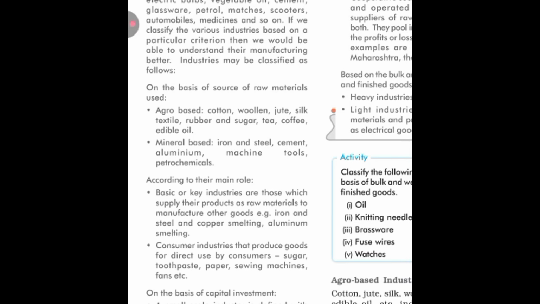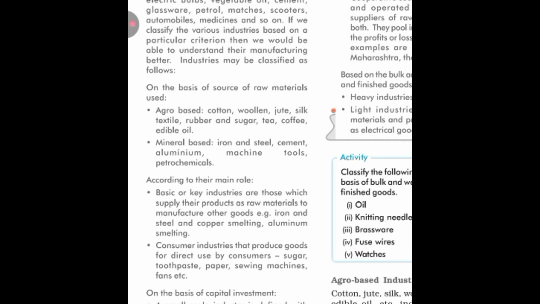So they are located very near to the source of raw materials. Jute can travel a little bit of distance, wool can travel, cotton can travel, but there are certain ones like sugar, tea, coffee, edible oils, all this, you have to locate the industry very near to the source of raw material because of the drying or decaying process.